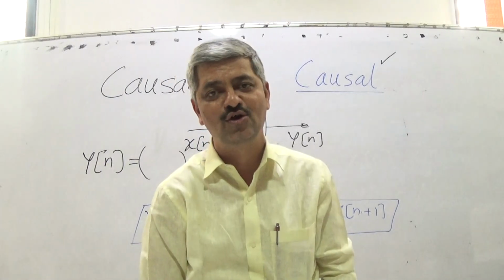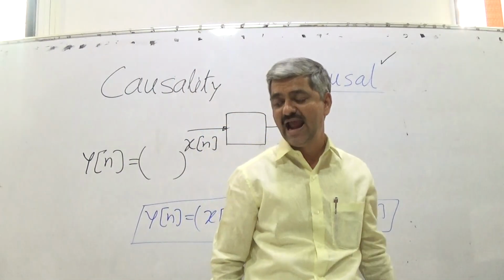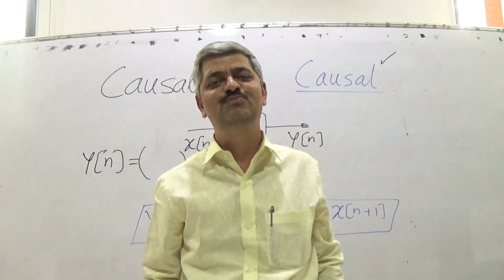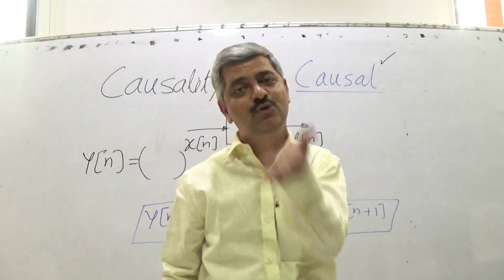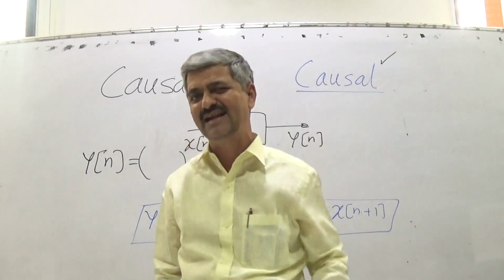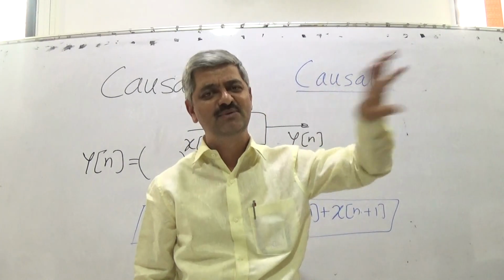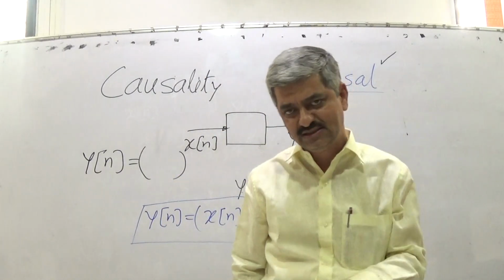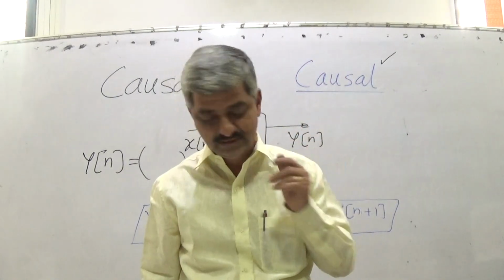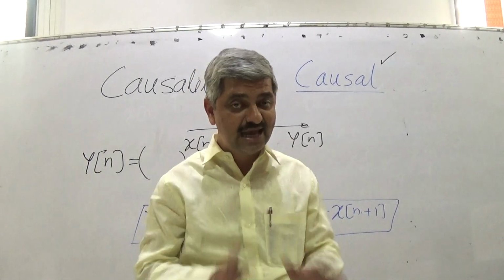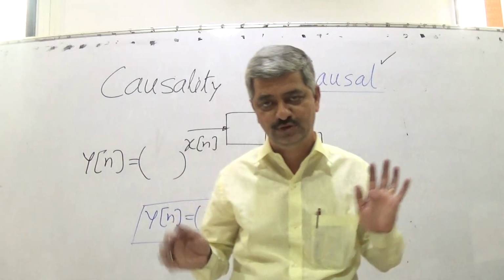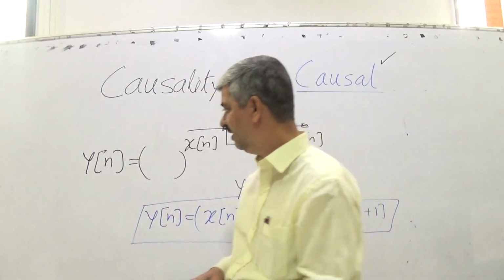There is also the anti-causal system, just the reverse of causal, where the output depends only on current and future inputs and not on past inputs. But anti-causal is just one kind of definition; we normally don't encounter such systems. We encounter causal and non-causal systems. So is the idea clear? Causality is a cause-effect relationship between input and output.